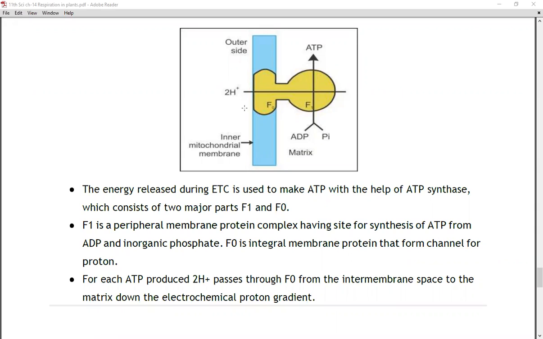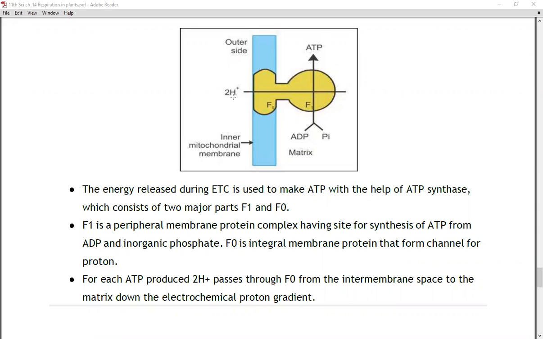If you want to synthesize one ATP molecule, two hydrogen ions should pass from the intermembrane space to the matrix region.